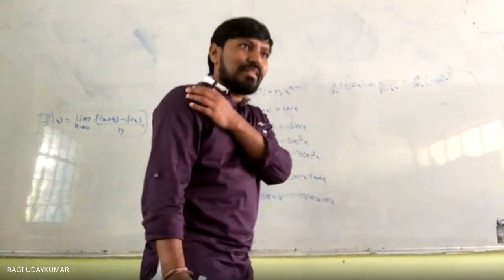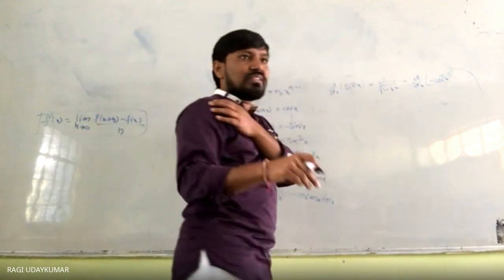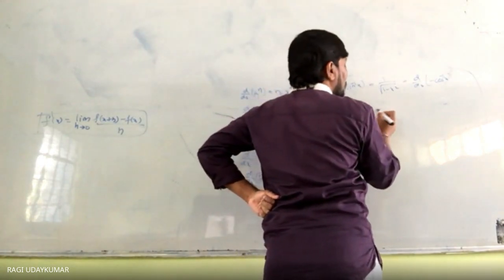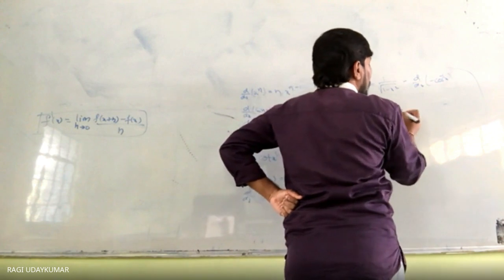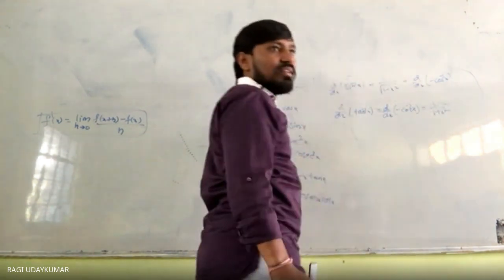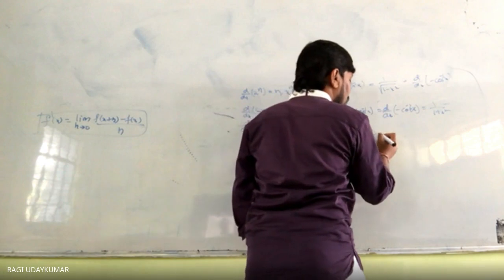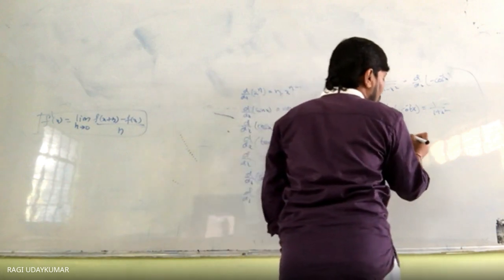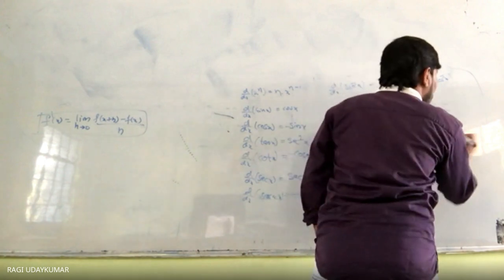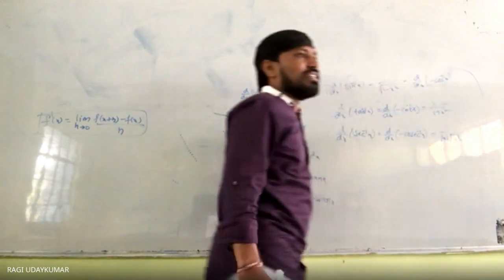So d by dx of tan inverse of x is equal to d by dx of minus cot inverse of x is equal to 1 by 1 plus x square. And derivative of secant inverse of x, and derivative of minus cosec inverse of x, is equal to 1 by mod x under root of x square minus 1. Mod should be there compulsorily here.